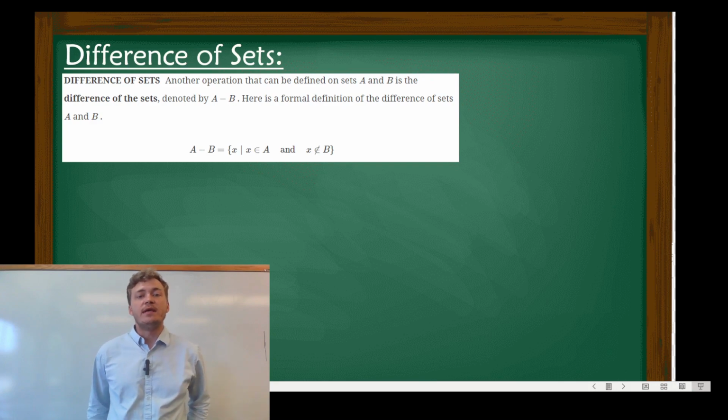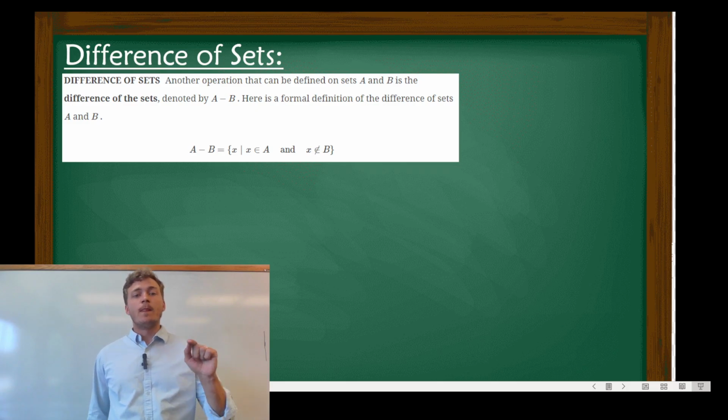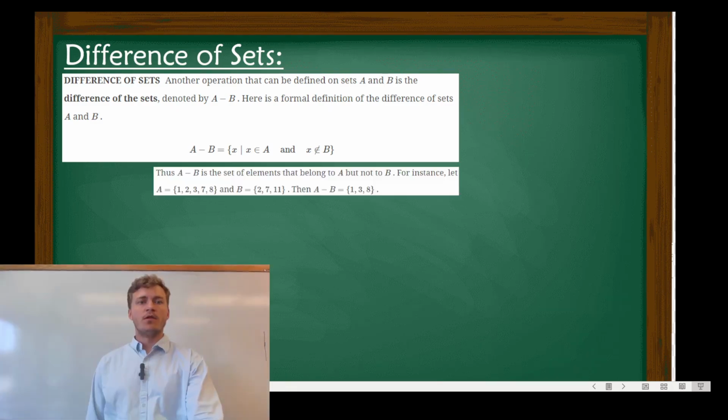A minus B is the set of all x's such that x is contained in A and x is not contained in B. If we switch that around, B minus A, then it would be all the elements that are in set B and not in A. In this case, A minus B, what's in A and what's not in B. The following example asks us to find A minus B, where set A contains 1, 2, 3, 7, 8.